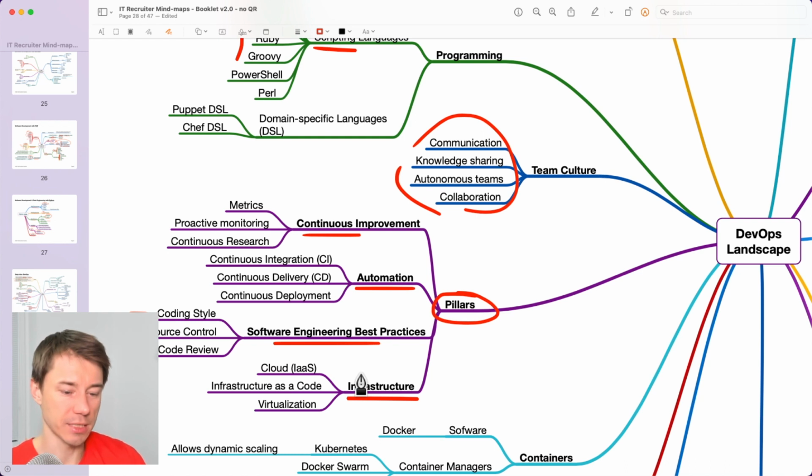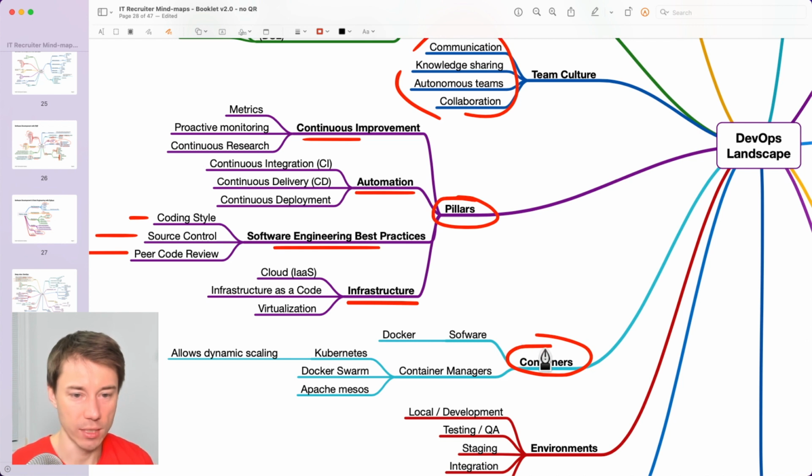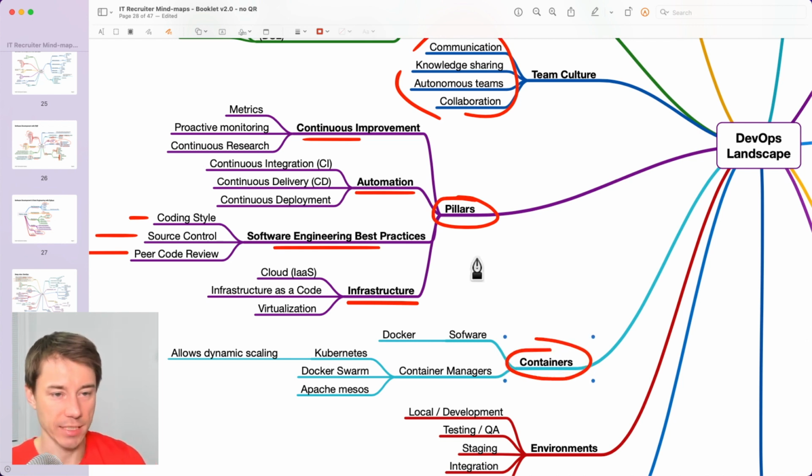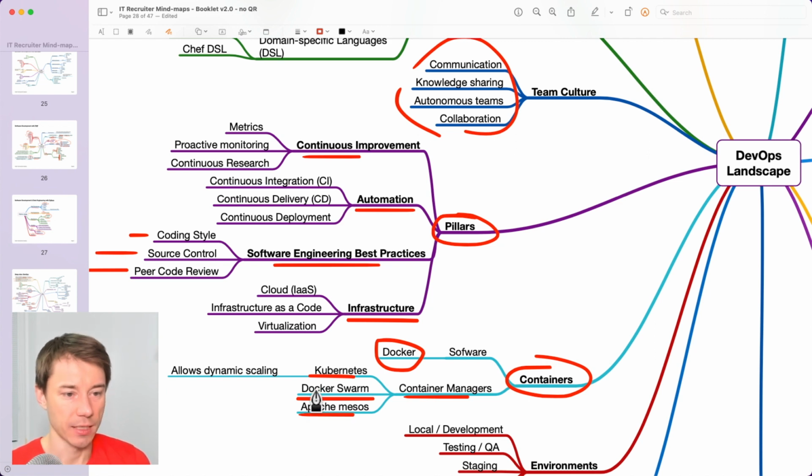So this is the DevOps environment, the modern way to build software. And they also have to use certain tools, certain containers, for example, to allow some of the automation. One of the most popular containers is Docker. Some container managers include Kubernetes, Docker Swarm or Apache Mesos.